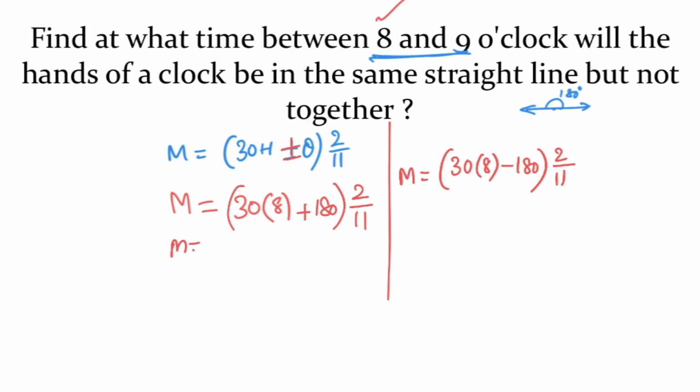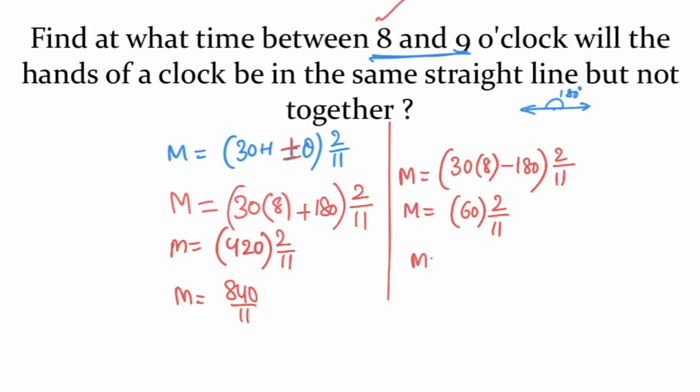Here the number of minutes is equal to 30 into 8, 240, plus 180 is 420, into 2/11. And M is equal to 30 into 8, 240, minus 180, that is 60, into 2/11. The number of minutes is equal to 840/11. The number of minutes is equal to 120/11. 11 7 times 77, 11 6 times 76, remainder 4/11. The other minutes is 11 10 times 110, 10/11.